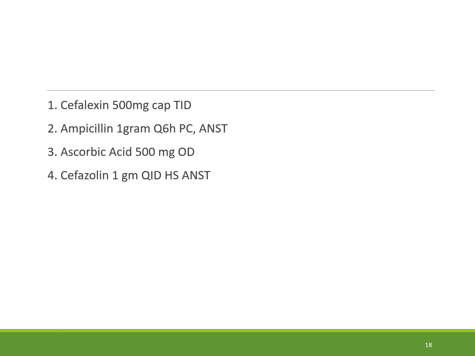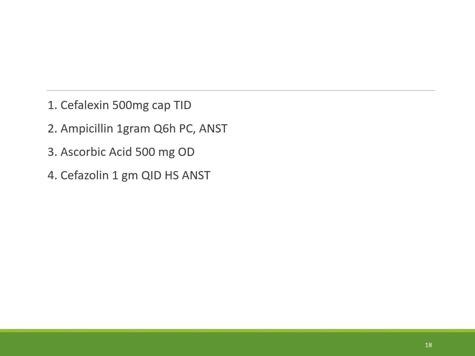Meaning, we give ampicillin every 6 hours, after meals, and after a negative skin test. So we will do a skin test first using the intradermal route.